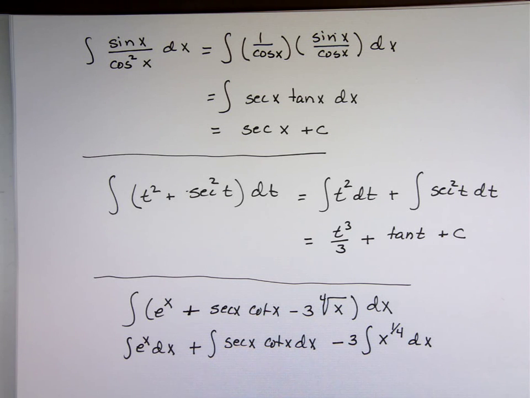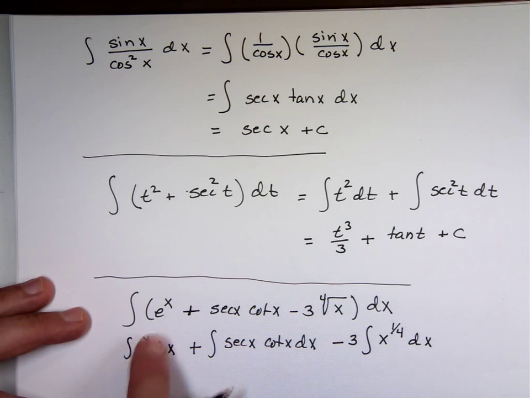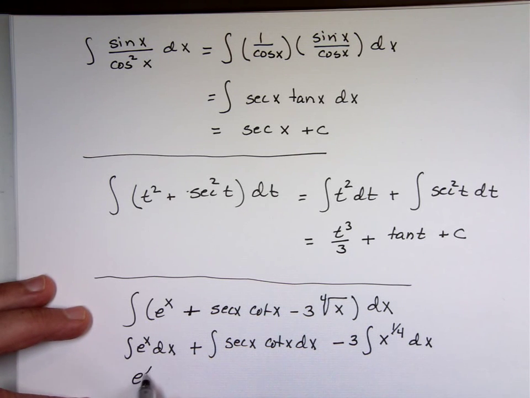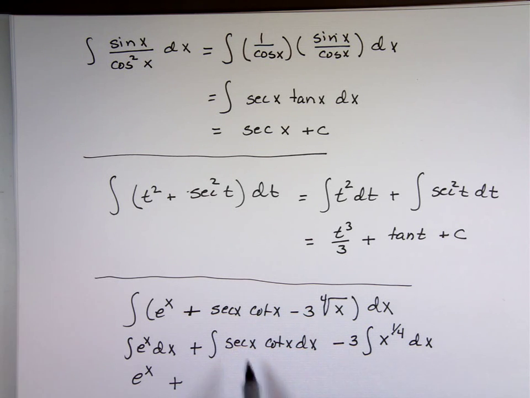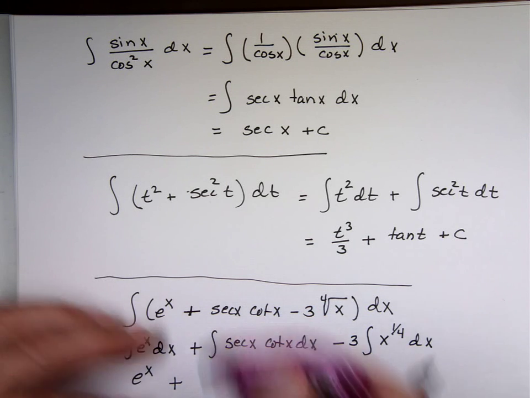Again, who has a derivative equal to e to the x? E to the x. Who has a derivative of secant? Cosecant. Otherwise we're in trouble here. Cosecant cotangent.